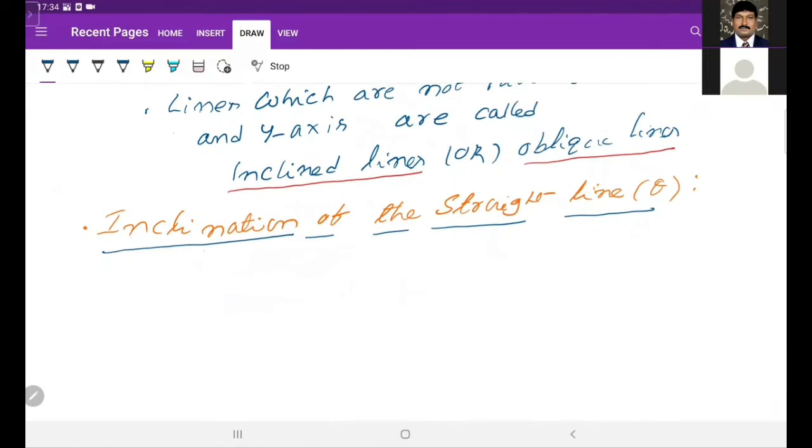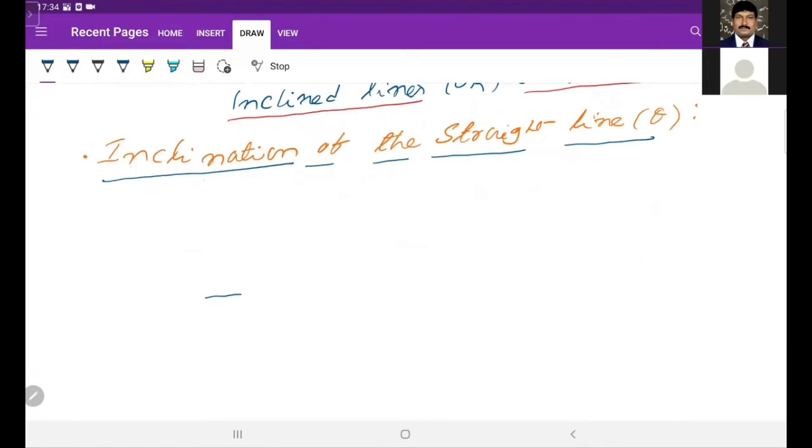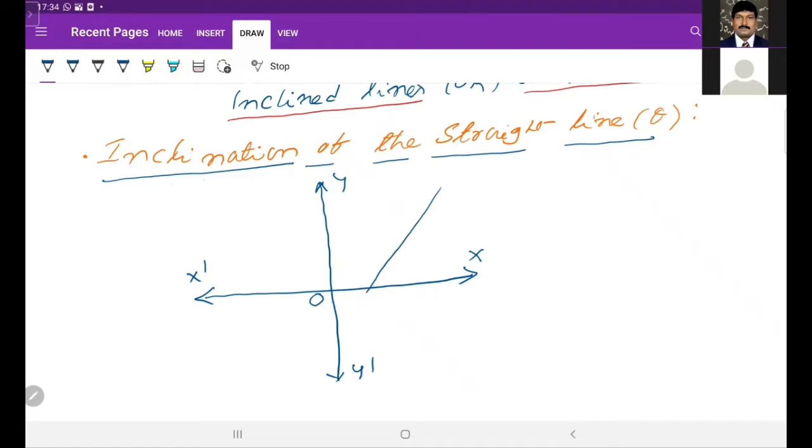What is inclination of the line? Next, draw the graph. X, it is x dash. So this is y, y dash. It is origin. Okay. Inclination of the straight line means draw one line in this way. It is L1. What is inclination?